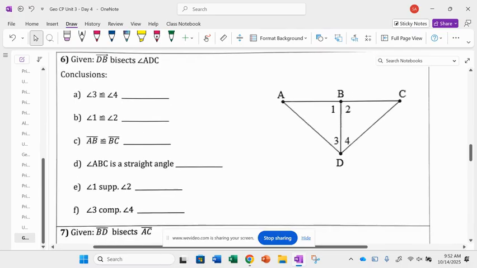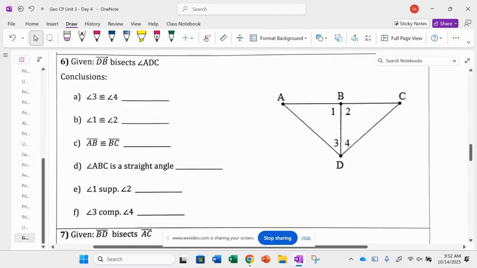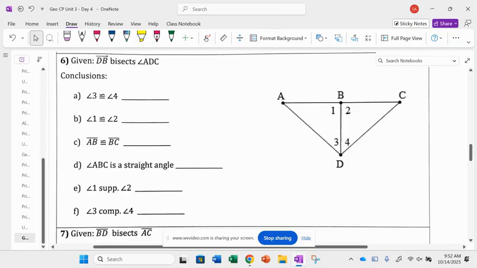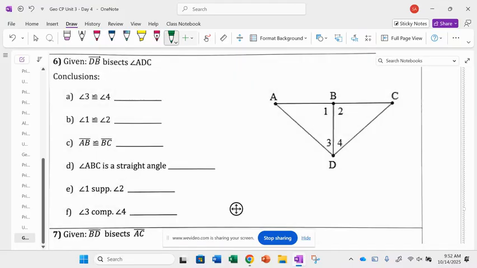All right, try number 6. So now be very careful. This time we're bisecting an angle. Oh, wait, I don't know the answers. Hold on.